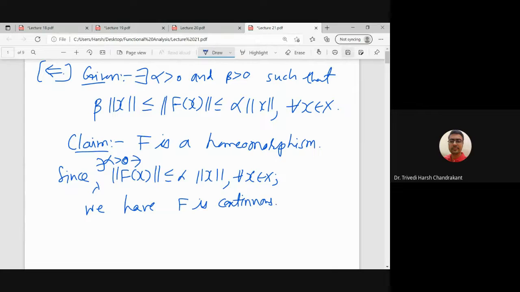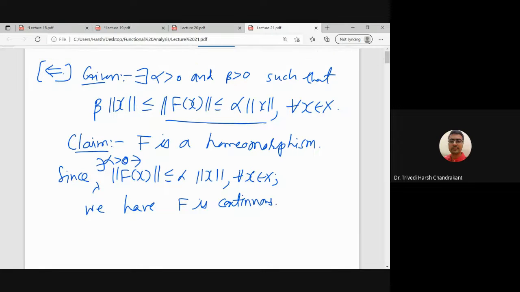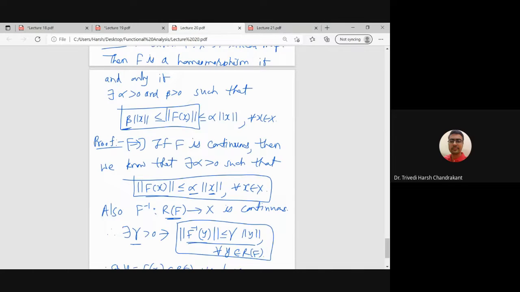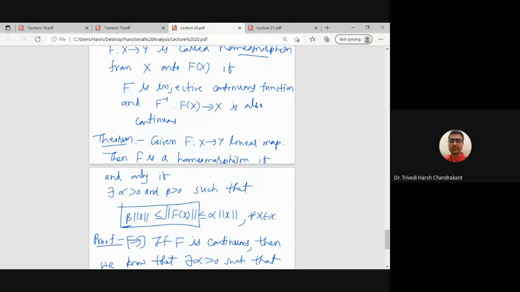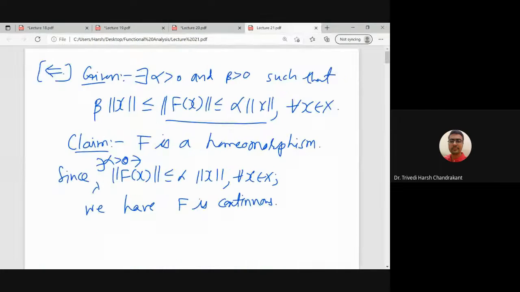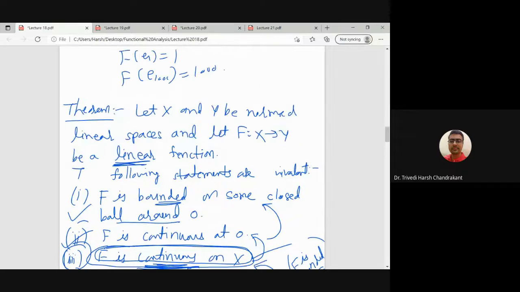Whenever such a condition is satisfied, that doesn't by itself imply f is continuous. It will imply it only when f is a linear function. So this condition is very important; keep in mind that we need linearity of the function.